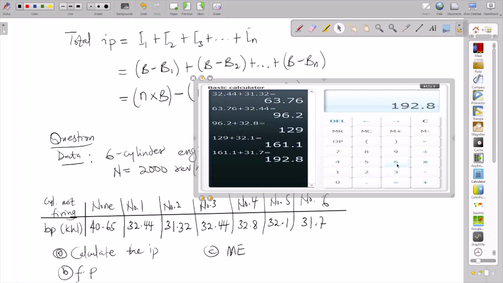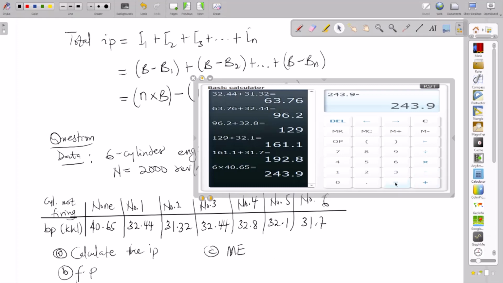Now the number of cylinders in the engine is 6, so when you use that to multiply the total brake power when all cylinders are firing, which is 40.65, the answer is 243.9 kilowatts.